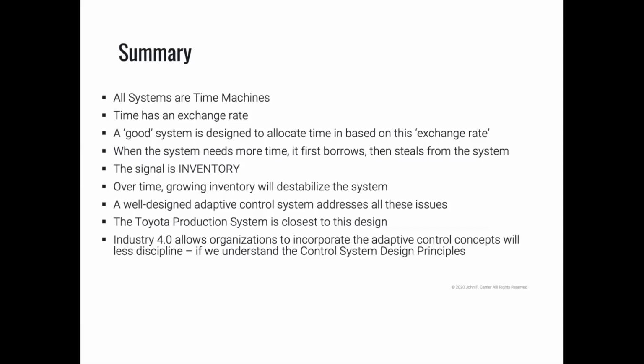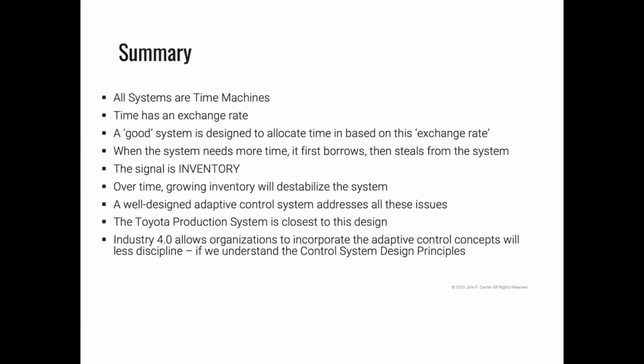And if we design a good system, it will allocate our time so that the customer gets a good exchange rate on their time. Now, when the system needs more time, when it can't keep up, it first starts to borrow, then it steals from the system. And the signal from that is you start building up work in process inventory, which will ultimately destabilize the system.